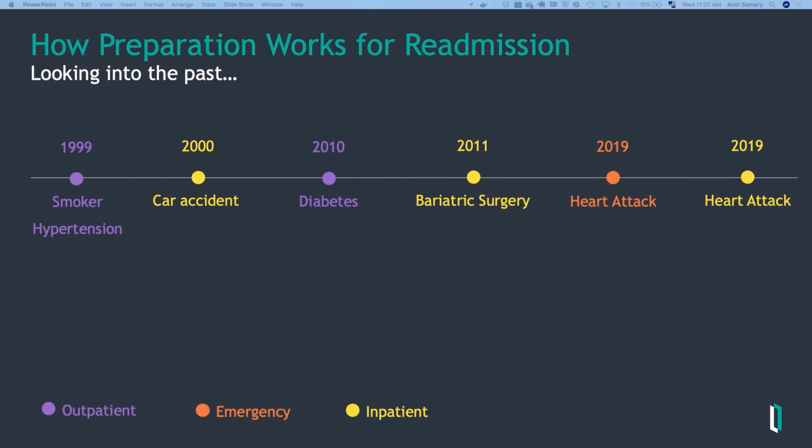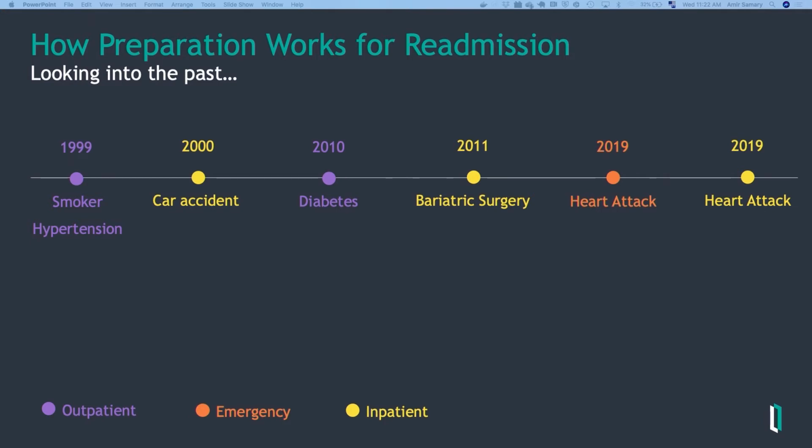And then he had a car accident, and he was hospitalized, and then he was diagnosed with diabetes, and then next year he went into surgery, did a bariatric surgery, right, and lost weight.